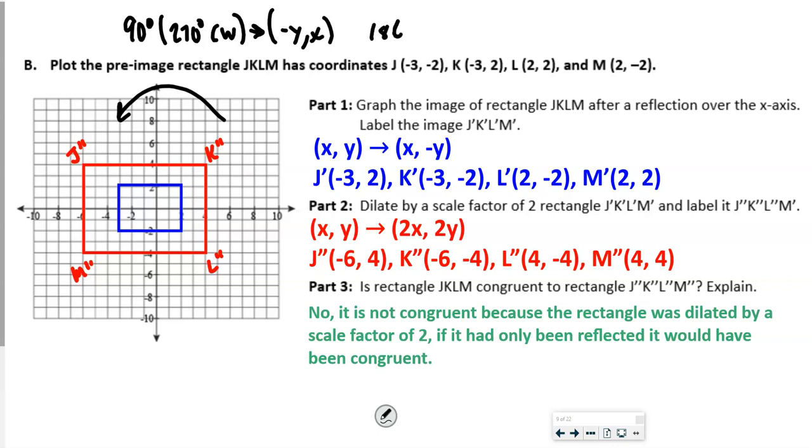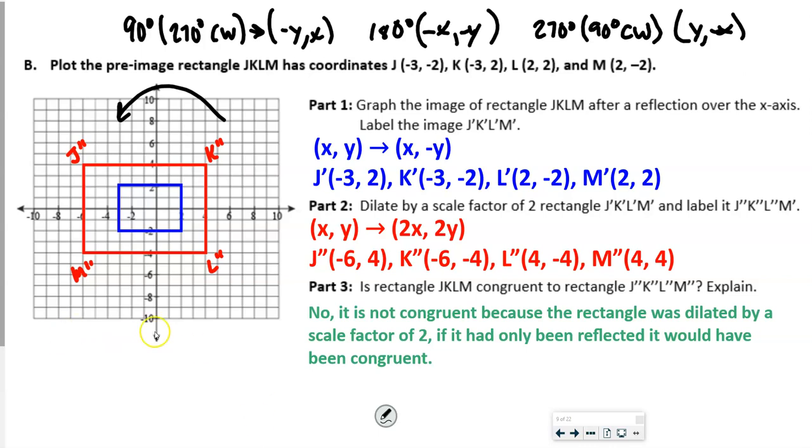Then if we go 180, and that's both ways, that would be -x, -y. That's our rule. And then if we go 270 degrees or 90 degrees clockwise, that rule is y comma negative x. Okay, so you better know those as well as the reflection over the y-axis, which would be the sign of x changes. Okay.